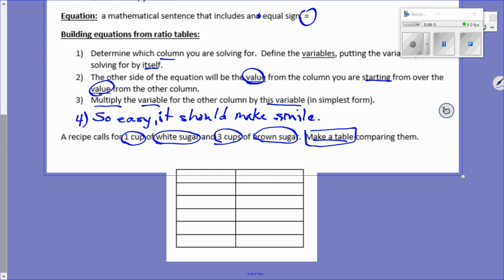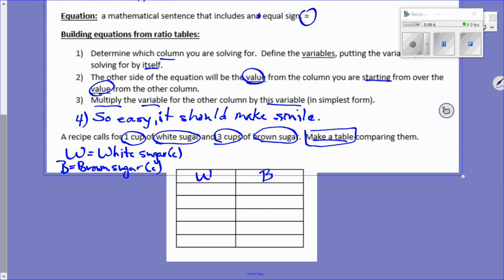So I'm going to use my variable W, and my other one is going to be B. So defining our variables, I'm going to write W equals white sugar, with a C for cups, and B is brown sugar, with a C again for cups.